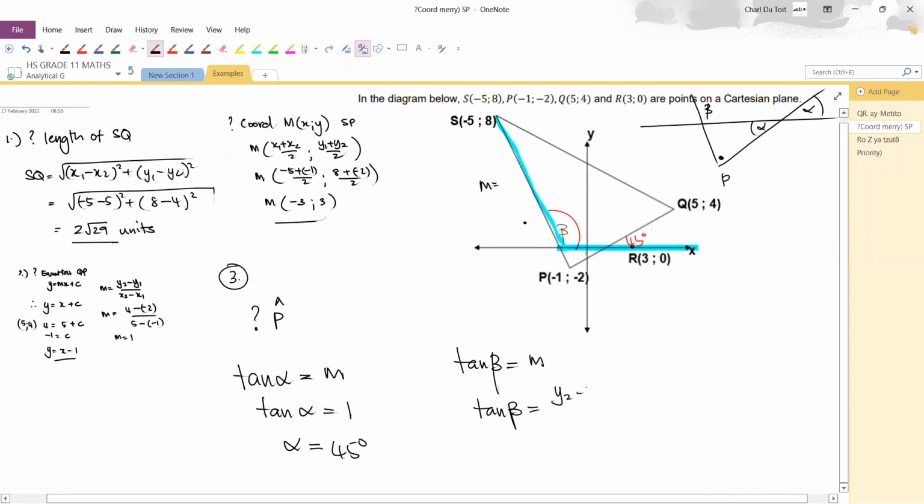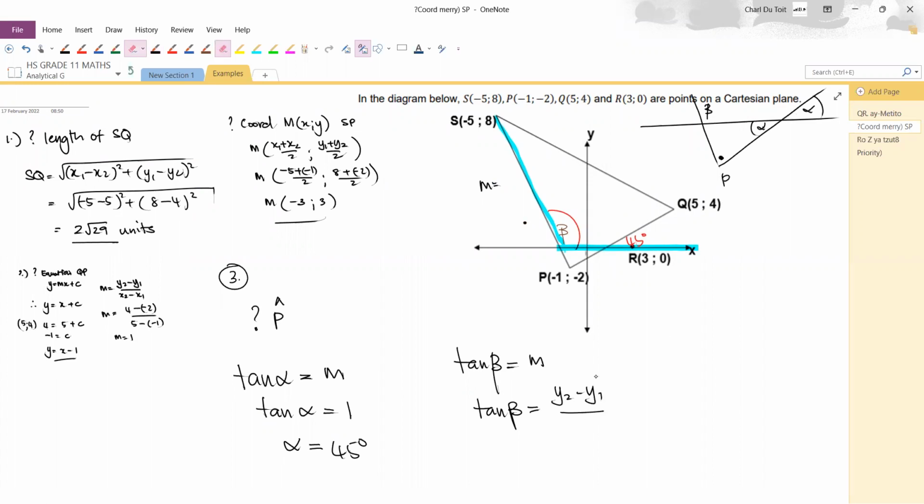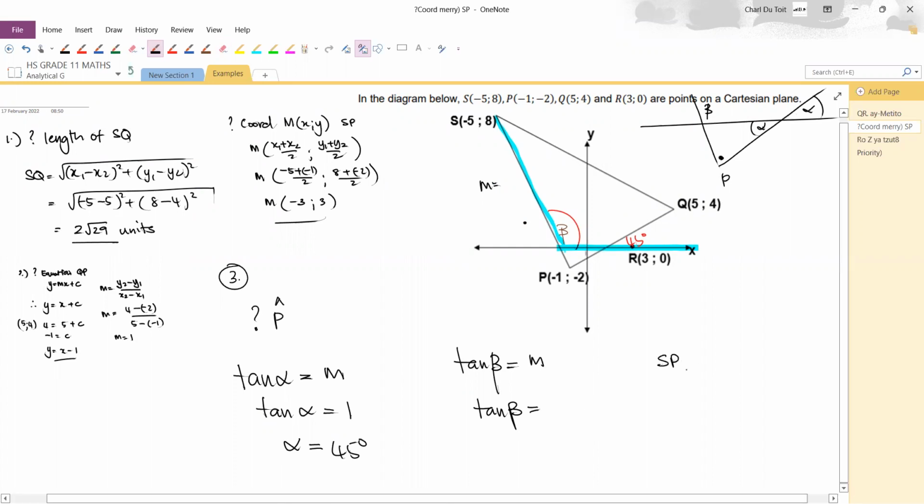So quickly work out that gradient. You can do it separately if you want to. So you can say SP gradient equals y minus y2 over x minus x2.